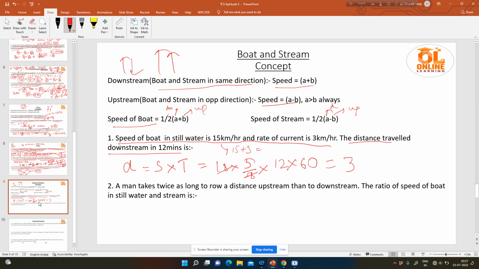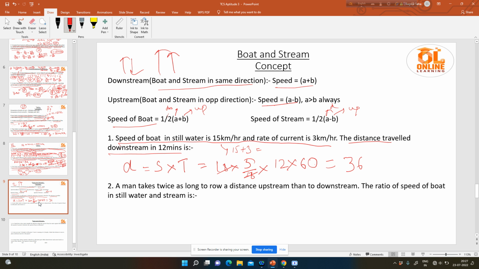Just a minute, I think I am doing something wrong. 18 into 5 by 18, 18 will be cut.